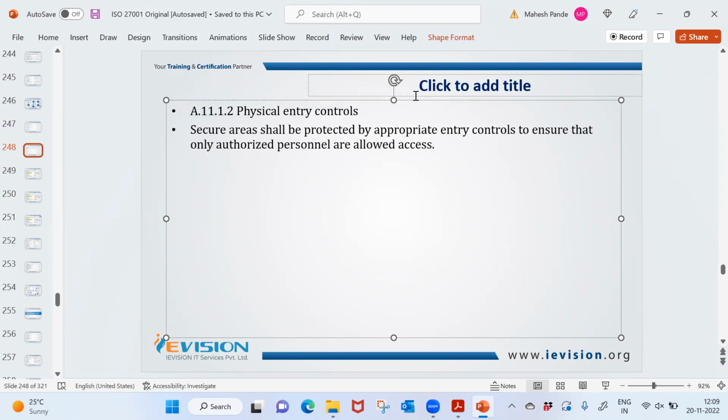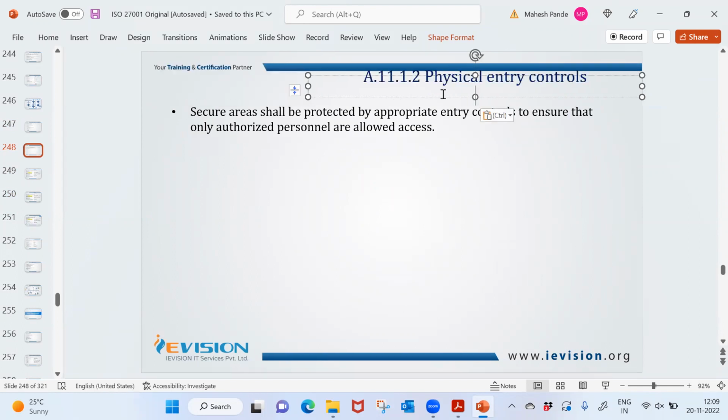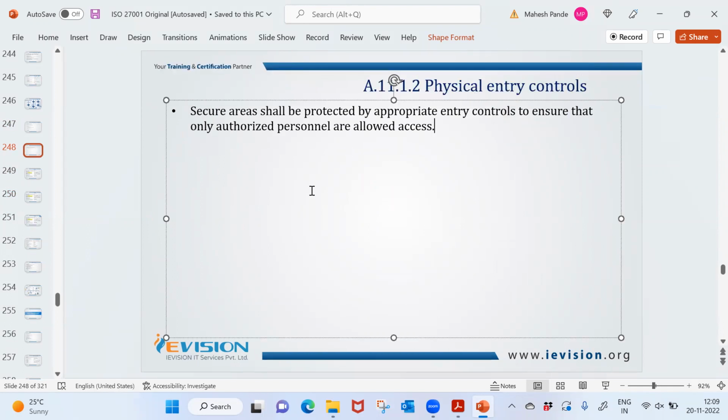Now, if you are supposed to test this control, what will you be testing? One would be who has the access, what mechanism is given for access, or the process for access, right? Is it a card, is it an iris scanner, or it could be anything, right?